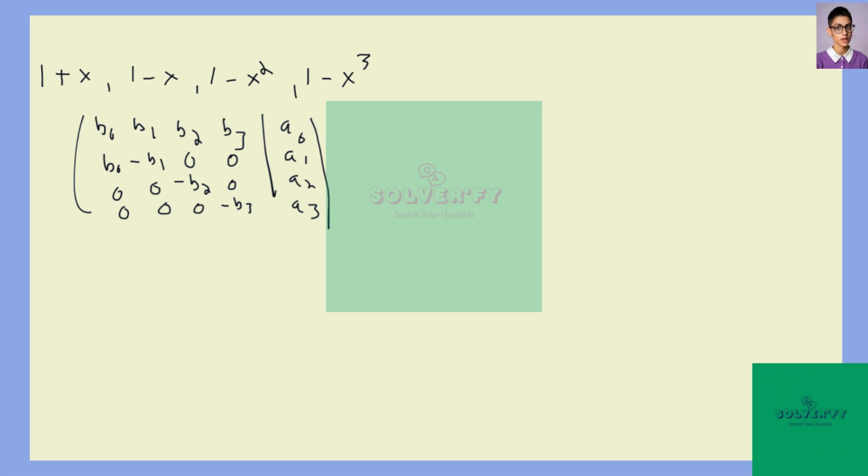But after just one operation, it should be clear this matrix is actually consistent. We're just going to eliminate that column. So b0, b1, b2, b3.